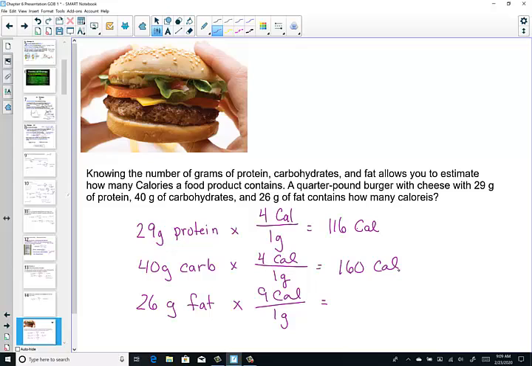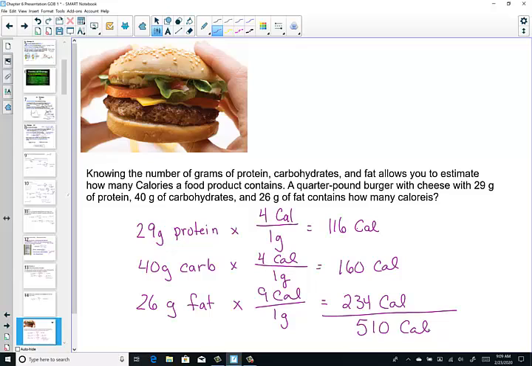And 26 times 9 gives us 234 calories from the fat. So the total is that sum, 116 added to 160 added to 234. There's 510 calories in our cheeseburger. Still looks delicious, don't you think?